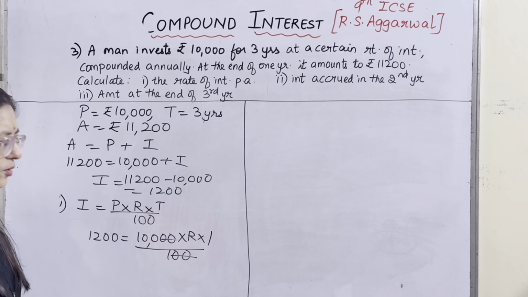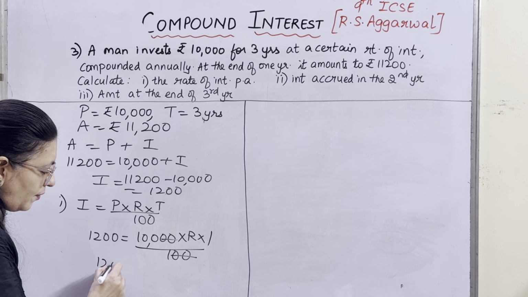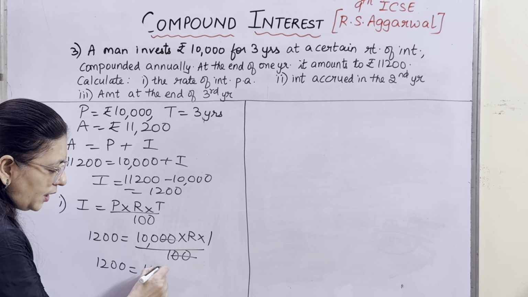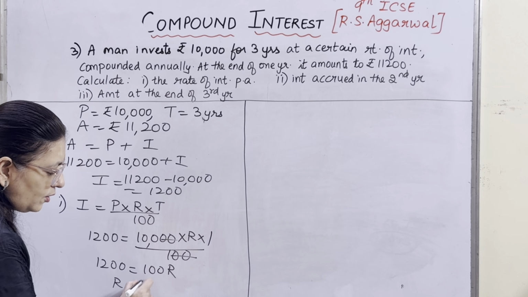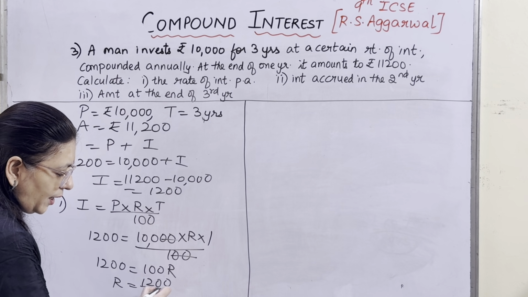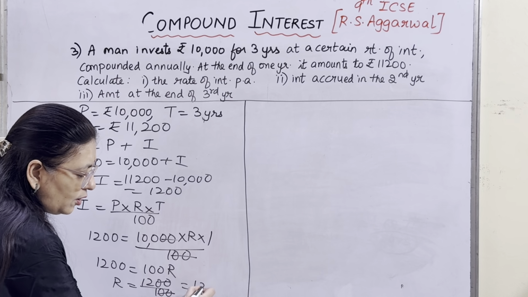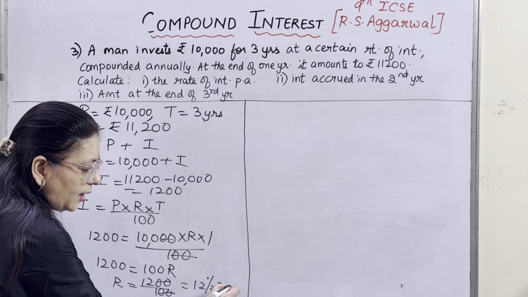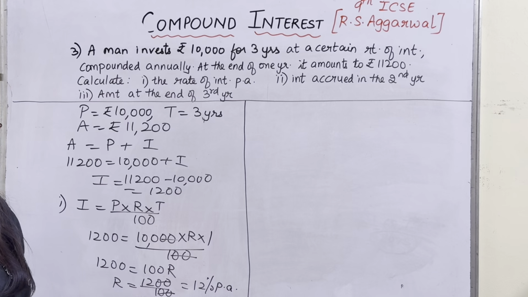Zeros cut. So 1,200 is equal to 100 R. So R is 1,200 divided by 100. So it is 12% per annum. Clear? Understood? We are just following the formula.